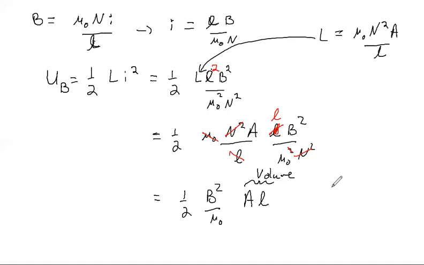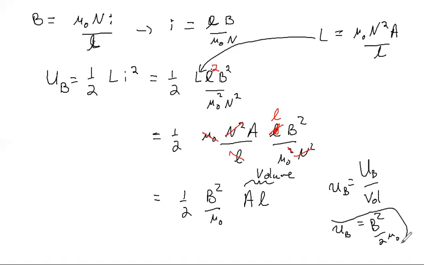So we can define an energy density, which is the energy divided by the volume. We find that for the magnetic field, the energy density goes like B squared over 2 mu naught. That's the energy per unit volume in a magnetic field.